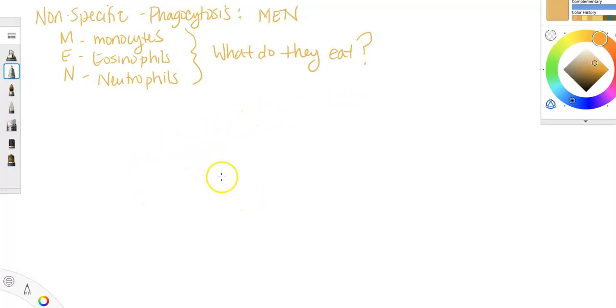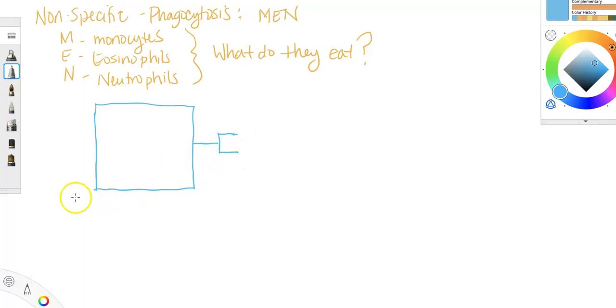Okay, so if we have our white blood cell, whatever it is, a monocyte, eosinophil, neutrophil, whatever. So on this white blood cell is a little sort of marker thing. It's kind of like a receptor, I guess.